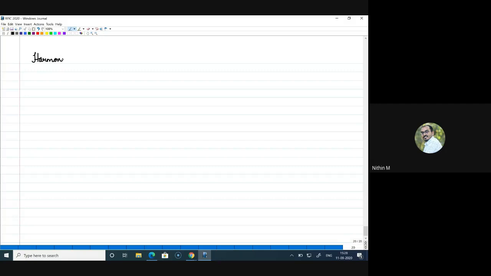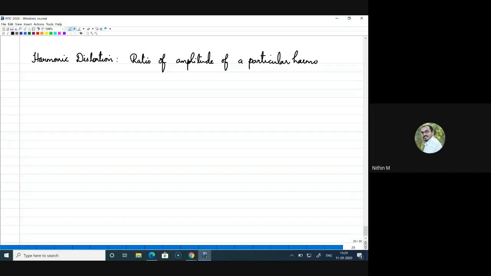This harmonic distortion is defined as the ratio of the amplitude of a particular harmonic to the amplitude of the fundamental component. This is how we express harmonic distortion.